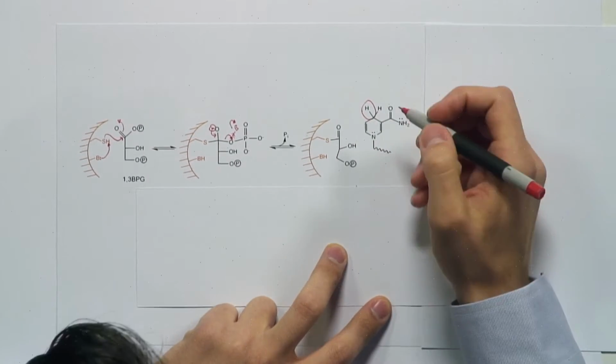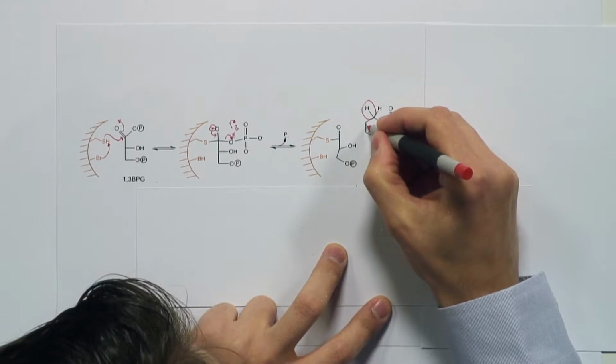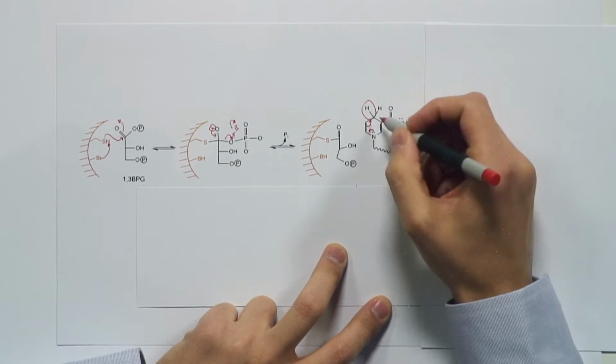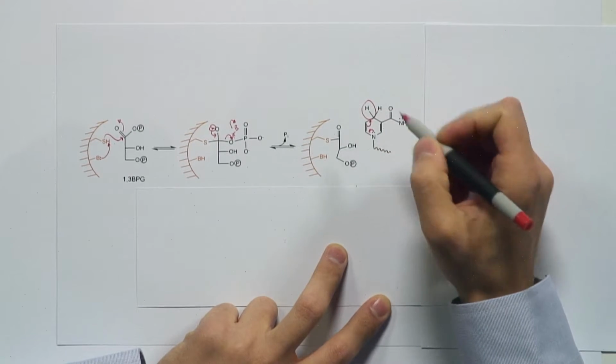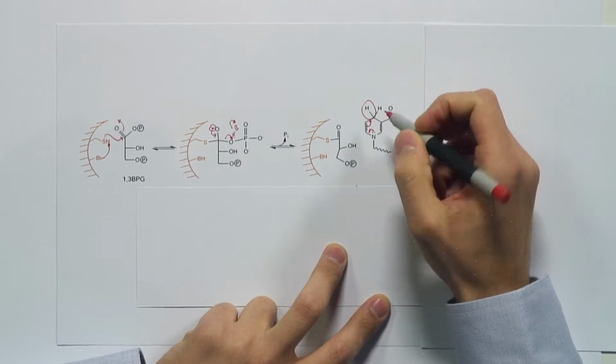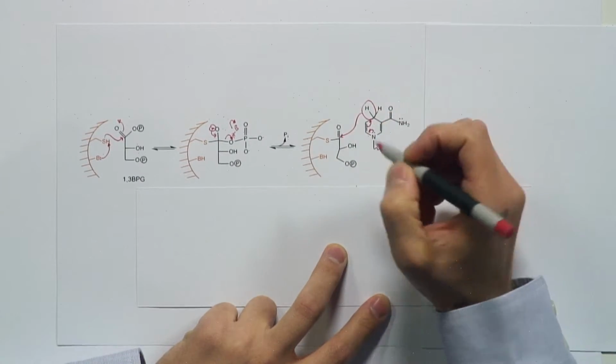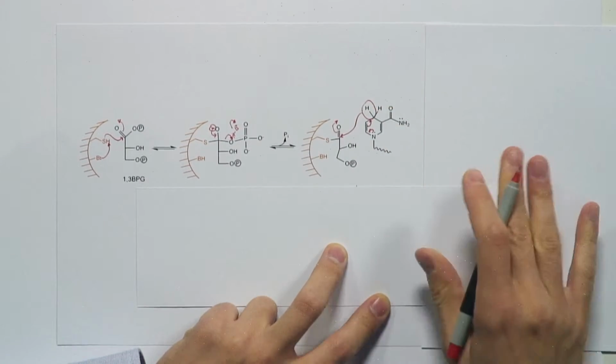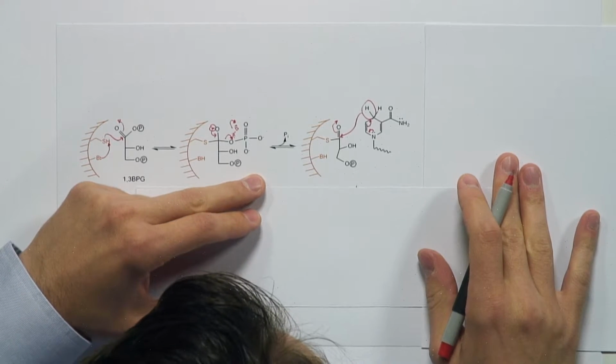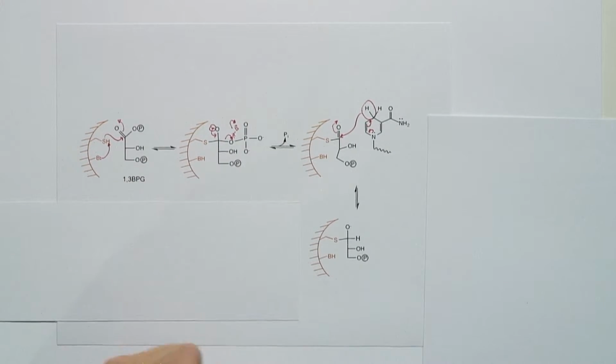So the reaction proceeds by rearranging the electrons on the pyridine ring of NAD, and the H- is going to be the nucleophile that's now attacking the thioester. Once again, we're going to be forming a tetrahedral intermediate, which is shown here.